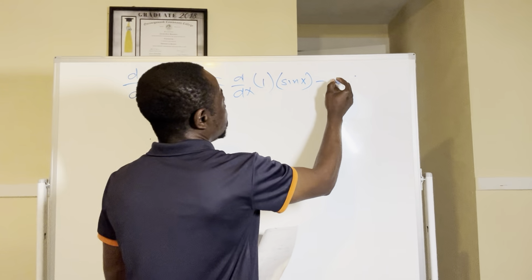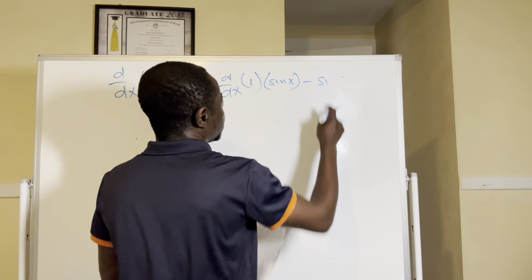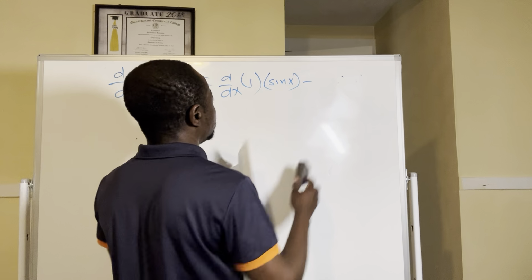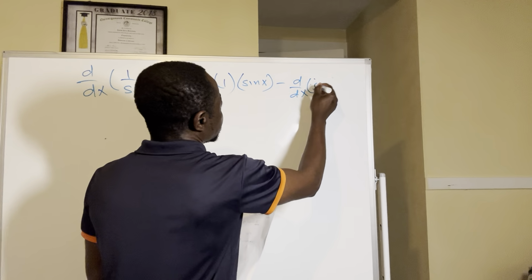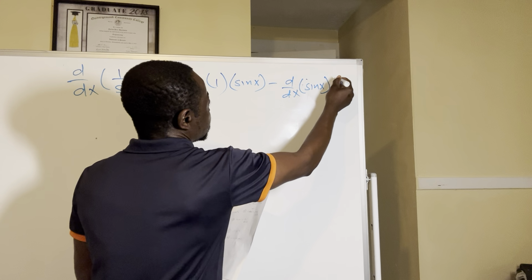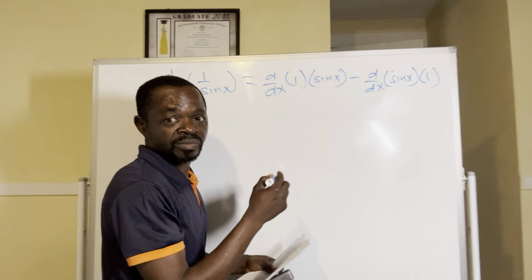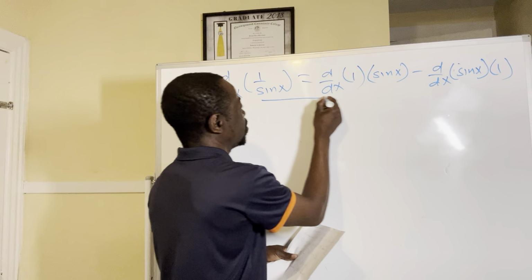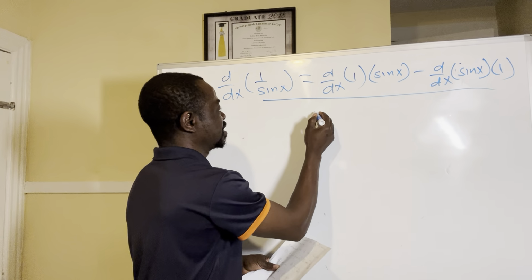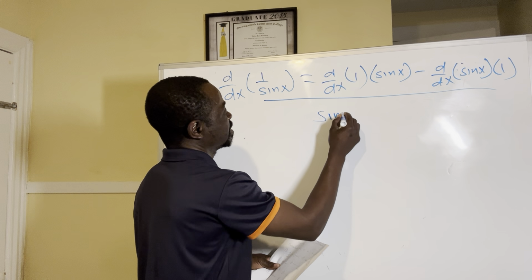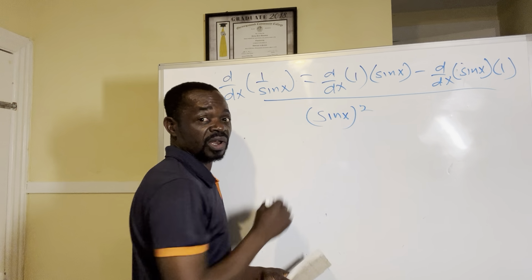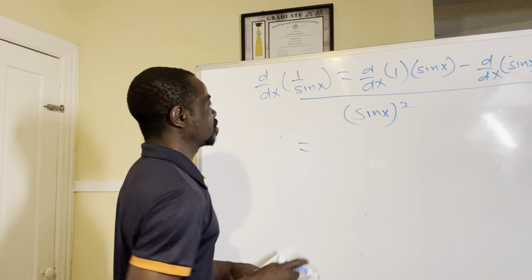So sine of x, d dx of sine of x multiplied by 1. So all this is over the guy at the bottom, sine of x, and then we square that.